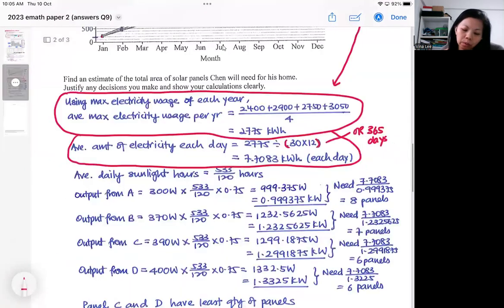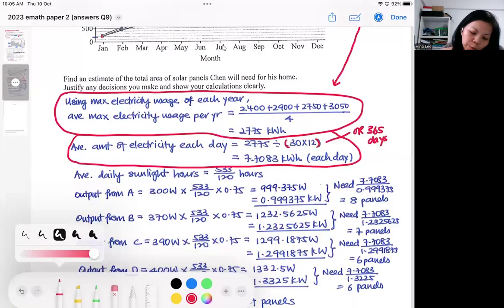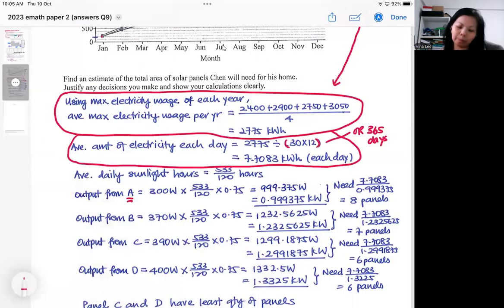So I'm going to do it one by one. So one piece of A, when I say output from A, I mean one piece. If you use the formula on solar panel A, you find that one piece can provide this amount of energy every day.